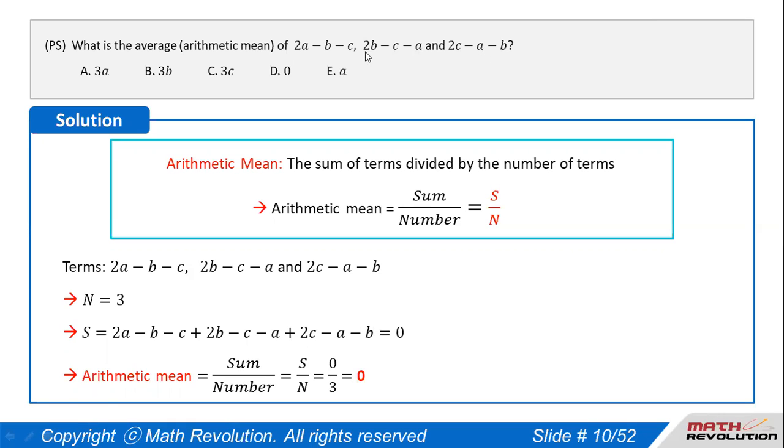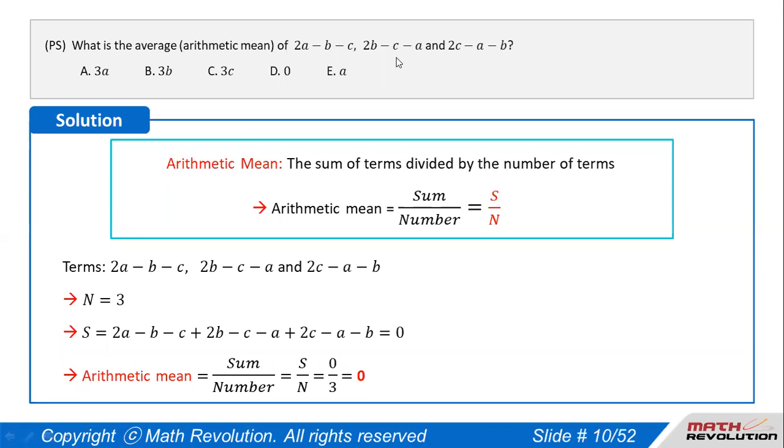So this 2 times a automatically cancels the remaining negative a's. Similarly, we have two b's, which will cancel out the two negative b's, and two c's, which will cancel out the two negative c's. So ultimately, when every number is canceling out each other, the sum remains 0. If the sum is 0, your average is 0.